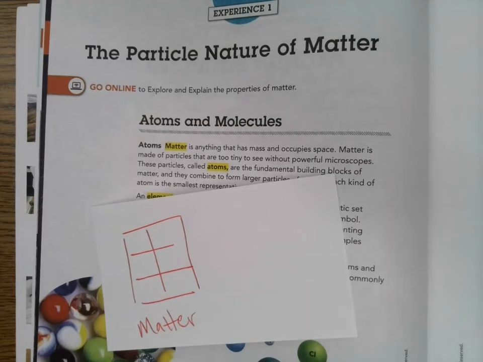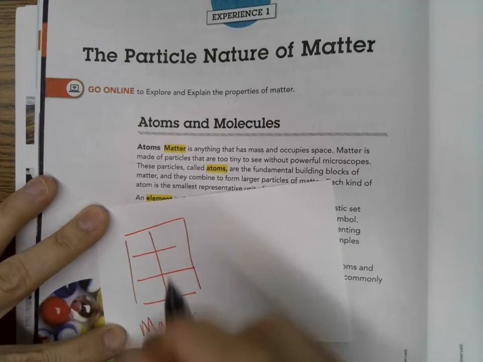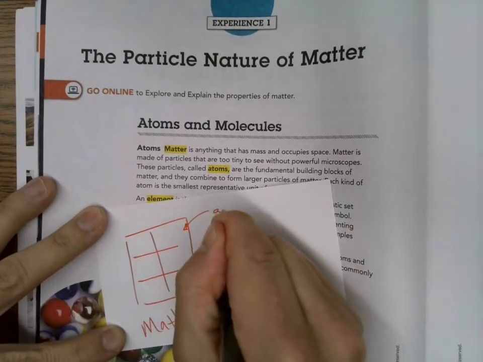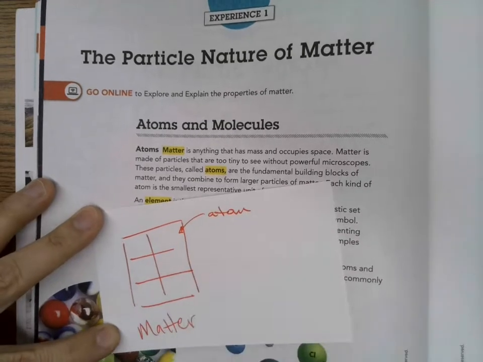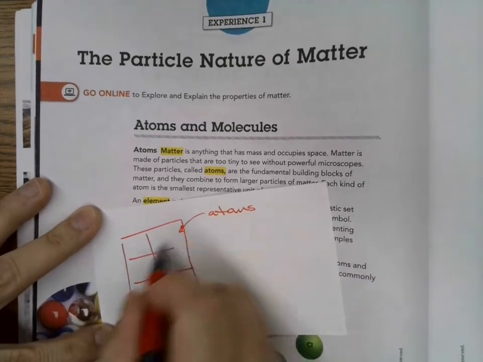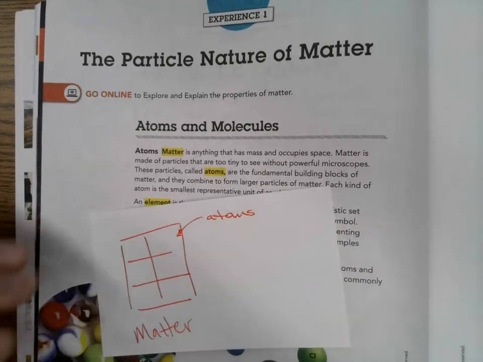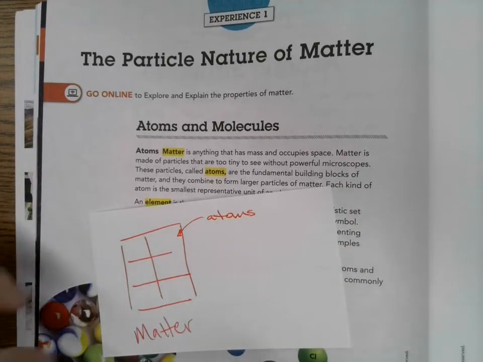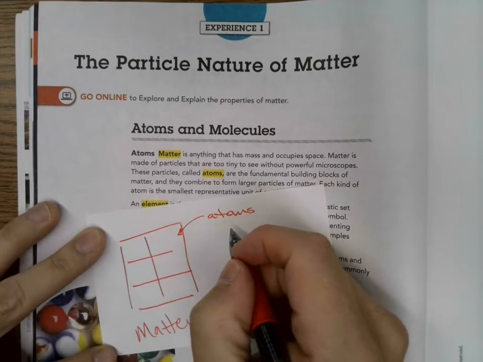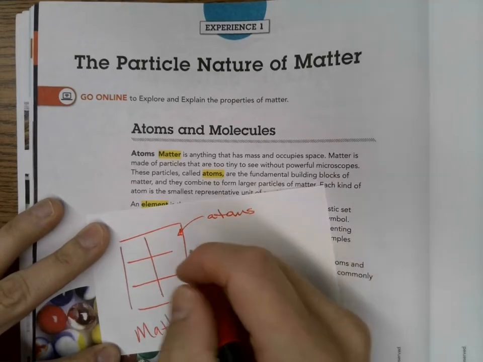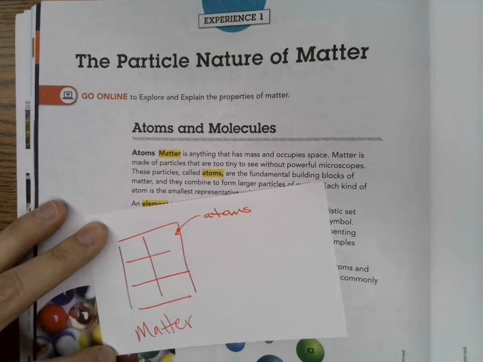So if we have matter here, it's made up of smaller building blocks called atoms. That's an atom, but it's made up of atoms. And these atoms are of different varieties. We can have carbon atoms, nitrogen atoms, oxygen atoms. In this example, let's pretend we're working with gold.